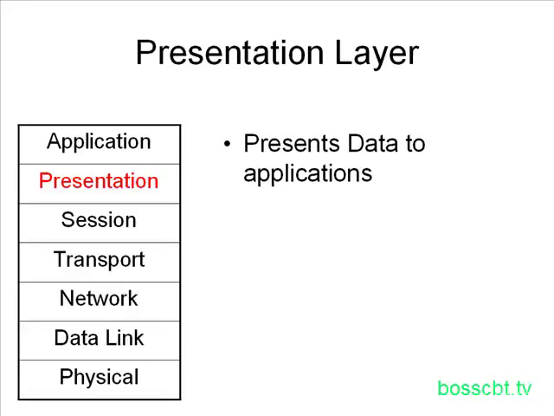Because as you're going to see, when we go all the way down the stack in the OSI model, the data that's being communicated takes on different forms and different things are attached to it, and then eventually it's sent across a network to somebody else. So the presentation layer is like a personal translator for an application.